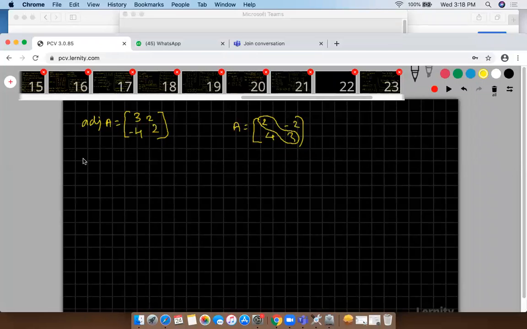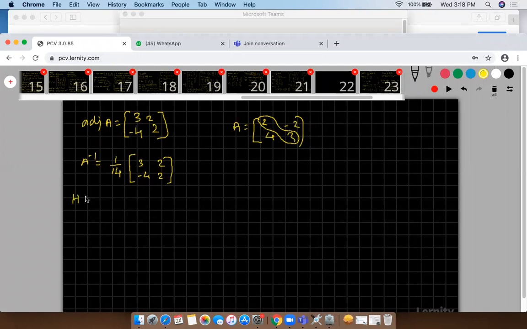So my A inverse is equal to 1 by determinant of A. Determinant is 14, adjoint of A is 3, 2, minus 4, 2. If all the elements are divisible by this number, then multiply the 1 by 14 inside. Otherwise keep as it is. So this is the A inverse.